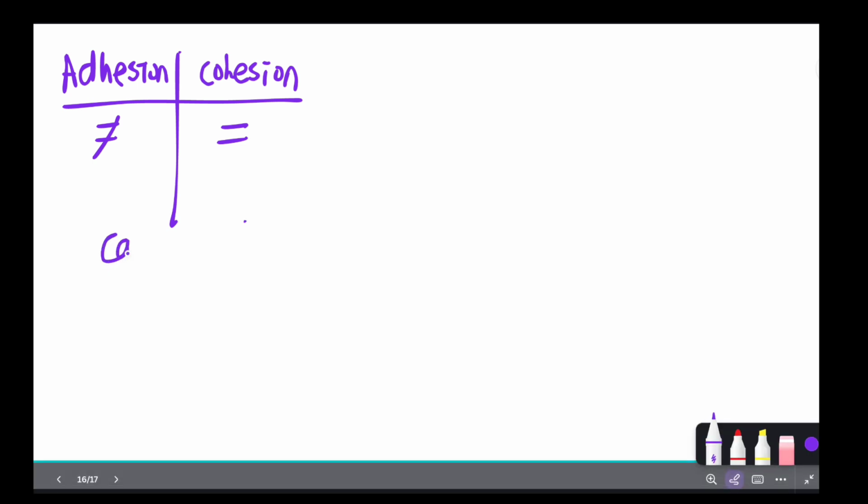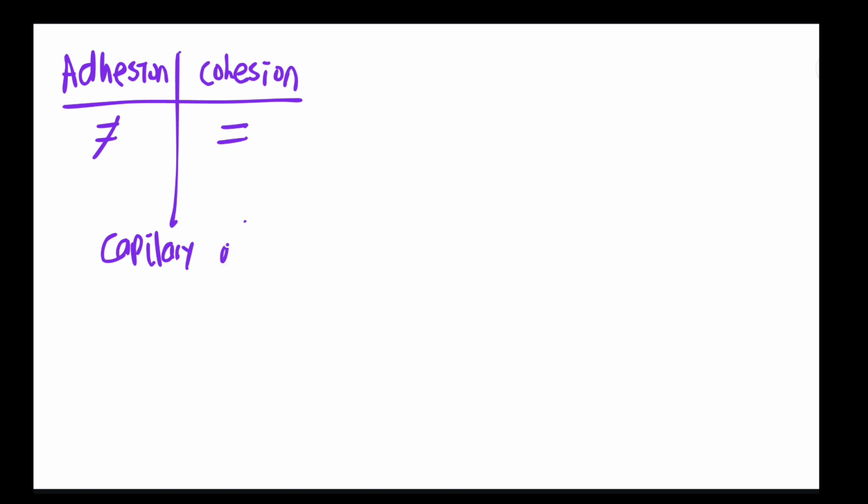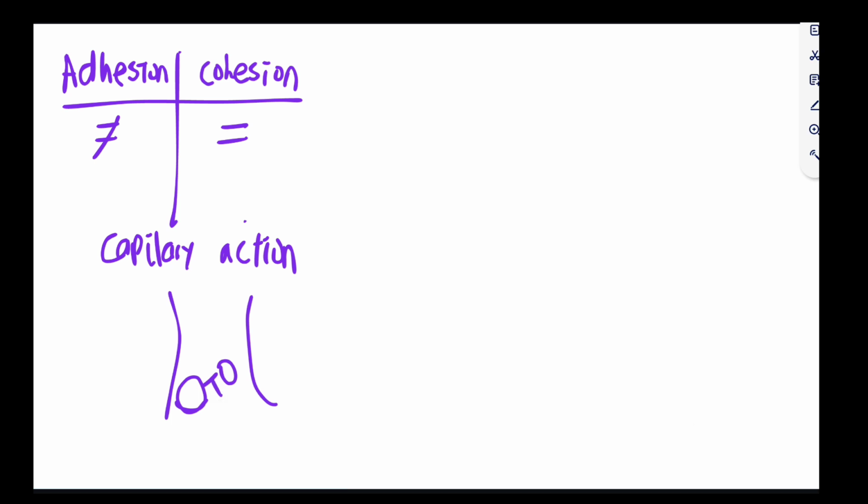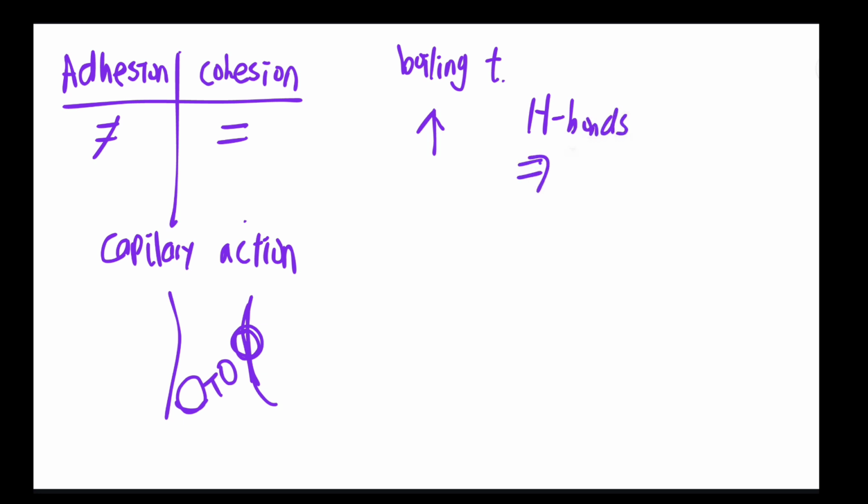We also learned about capillary action, with the example of a tree, cohesion, and then adhesion into the tree. Also, there was boiling temperature. We learned that water has a really high boiling temperature because the H bonds were strong, and this was why the marine ecosystem worked well.